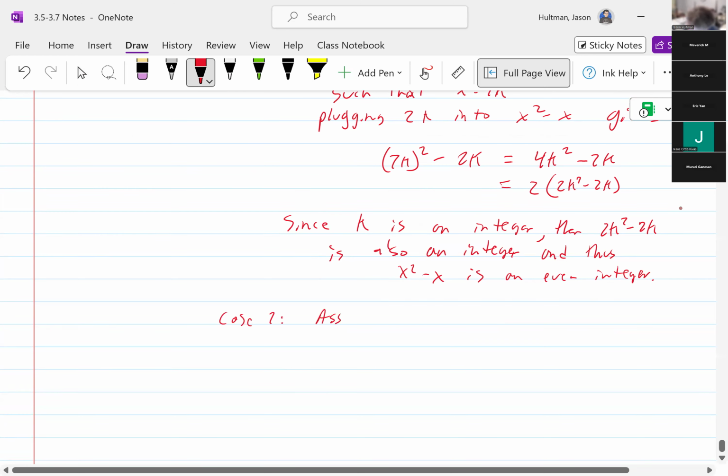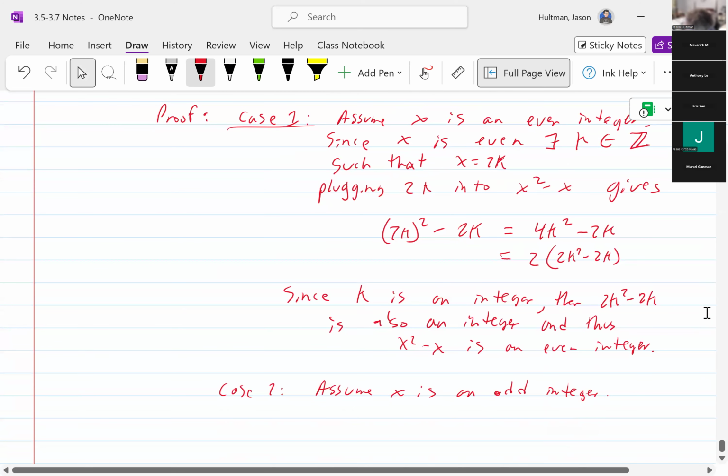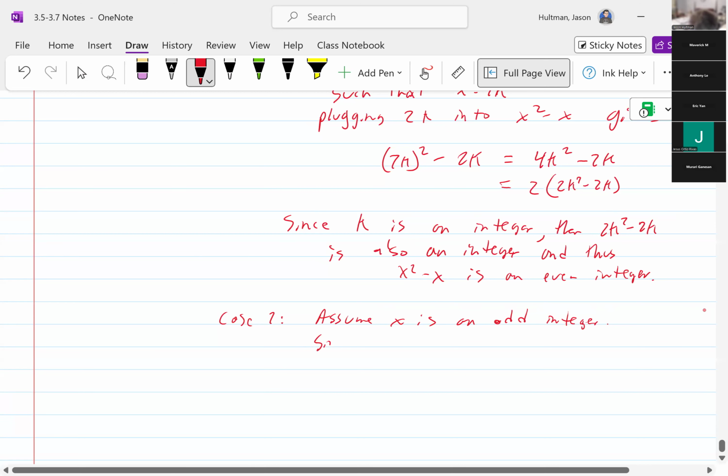Okay, case 2: assume x is odd. Then since x is odd, there is an integer k, an element of Z, such that x is equal to 2k plus 1.